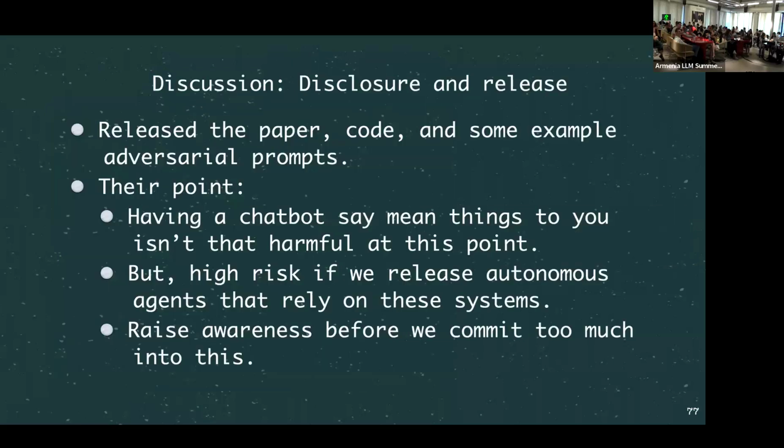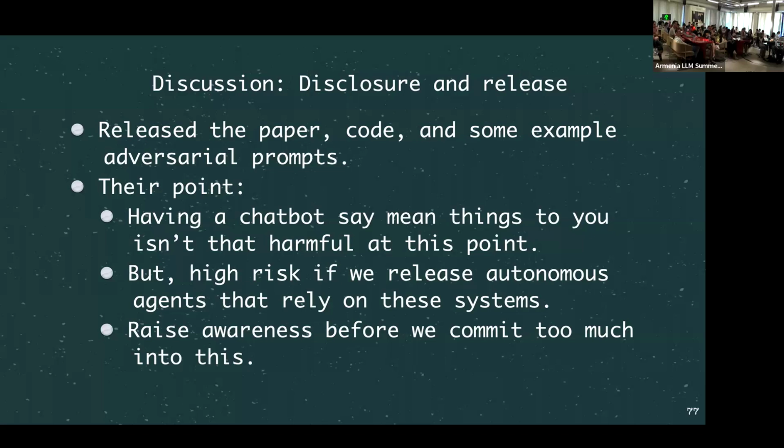Some important points about this whole topic around safety. All the vulnerabilities that I presented to you were given to OpenAI before the publicity. The goal is to release the paper only after the vulnerability is patched.